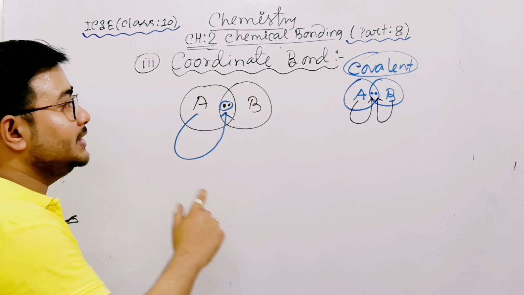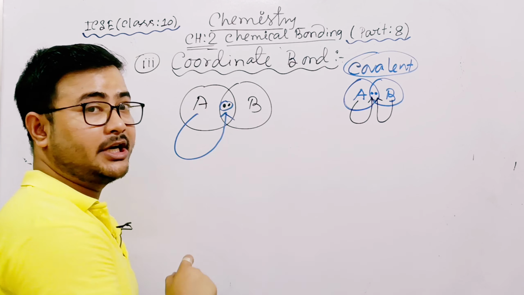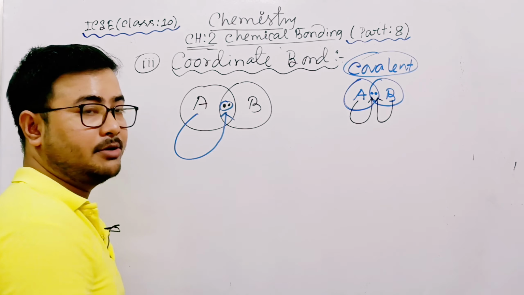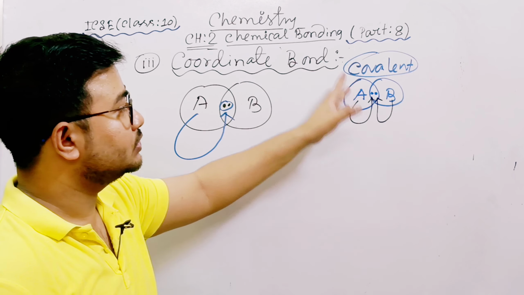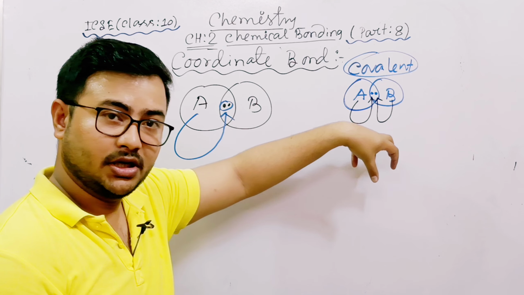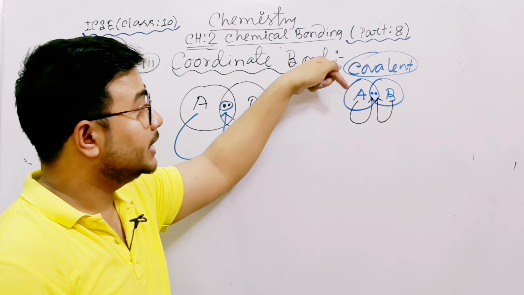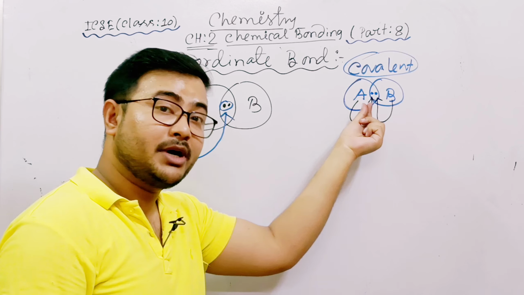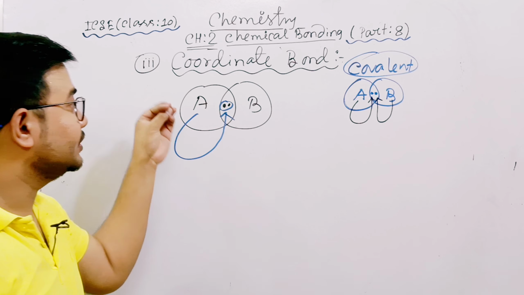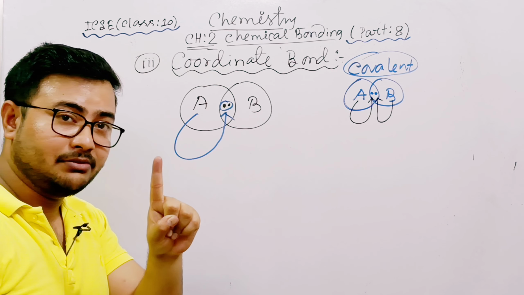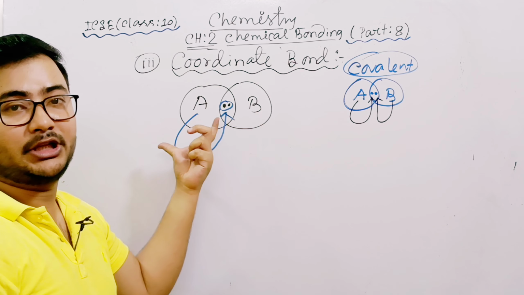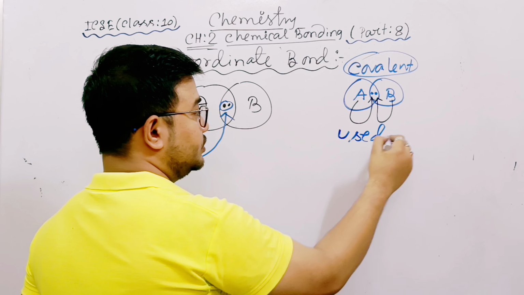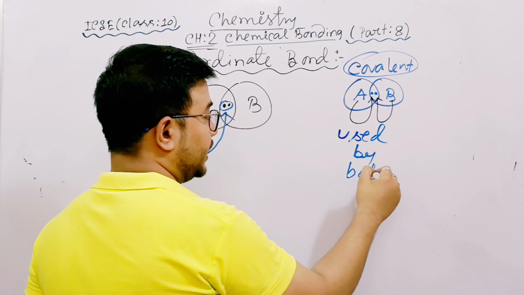So what is the main difference between covalent and coordinate bond? You have to read it in this way. In a covalent bond, electrons are donated by both the atoms and used by both the atoms. Here the electrons are donated by one atom but used by both atoms.